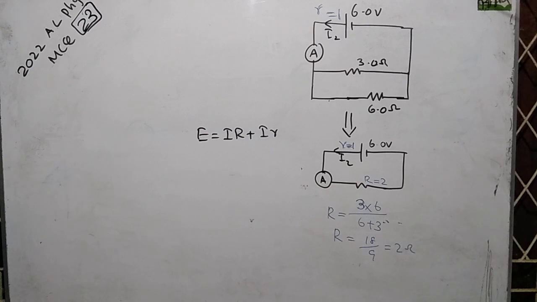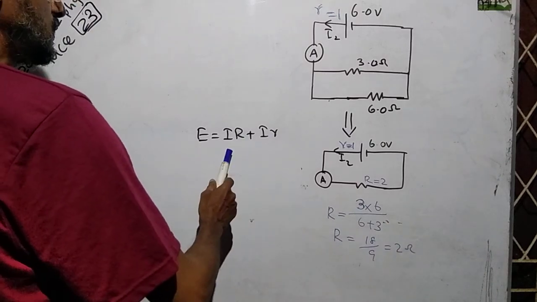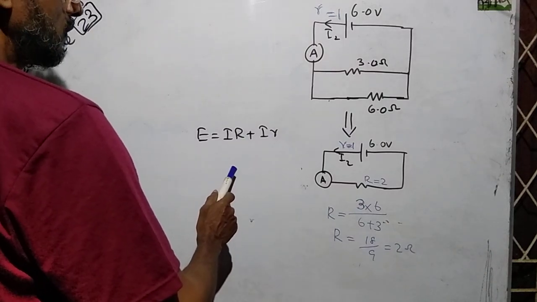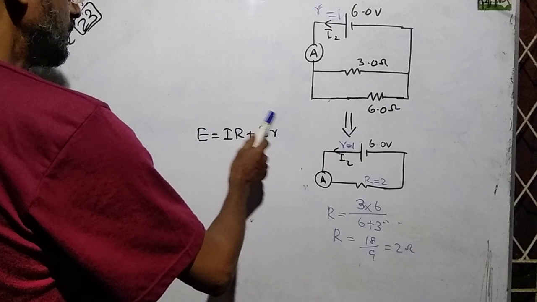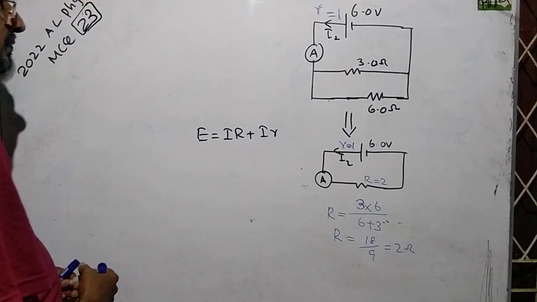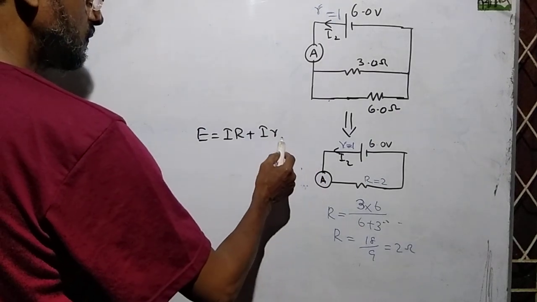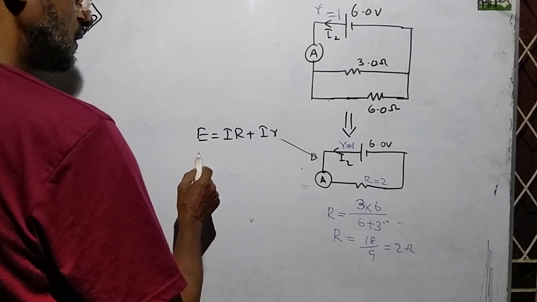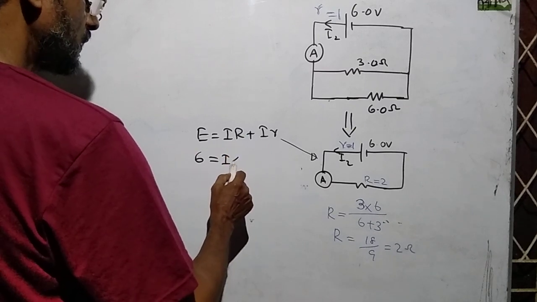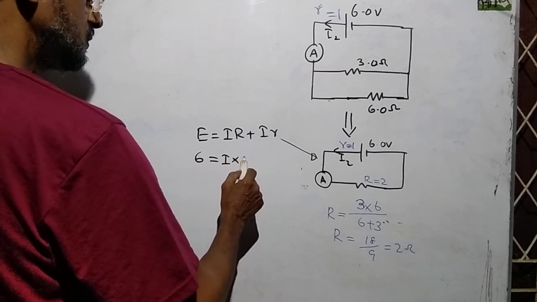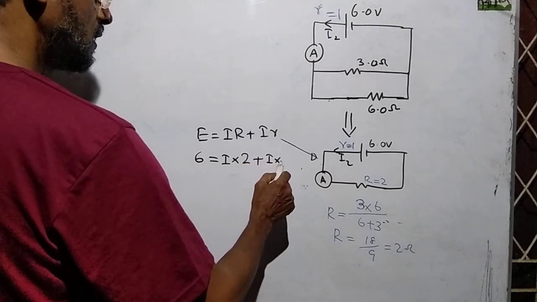We can explain this as Kirchhoff's law, or we can consider it as the equation applied when current comes out from a battery. From this, E is 6, I is the unknown, the external resistance R is 2, plus again I, r is 1.